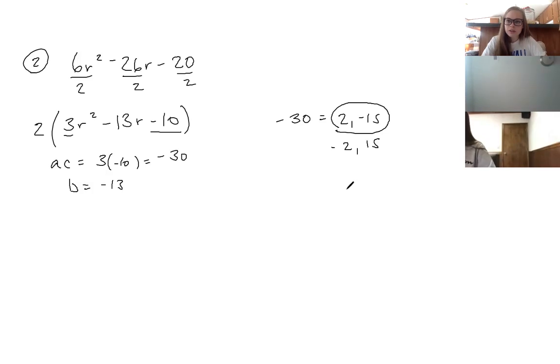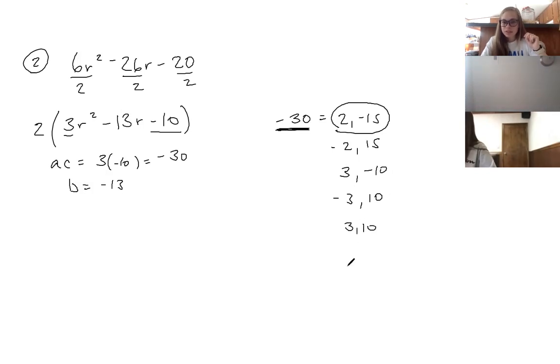Now, you may be asking yourself, well, what about 3 and negative 10, and negative 3 and positive 10? But remember, when we're doing the long version of factoring, if it's a negative right there, your factors have to be positive and negative, or negative and positive.